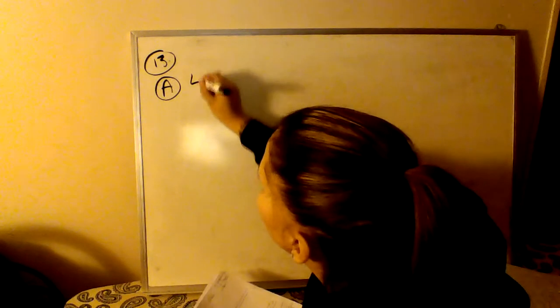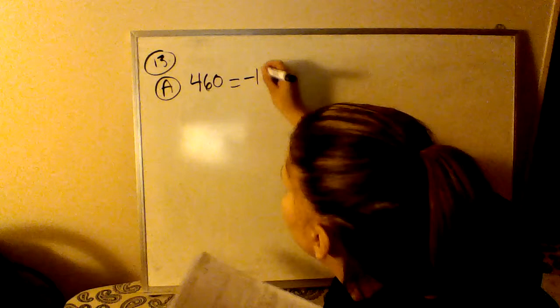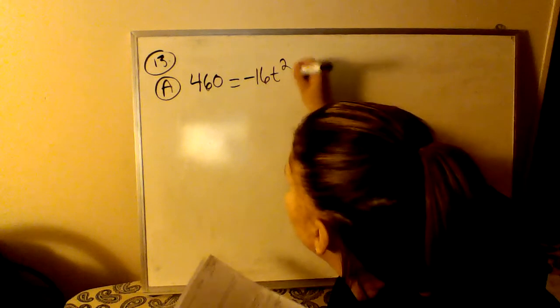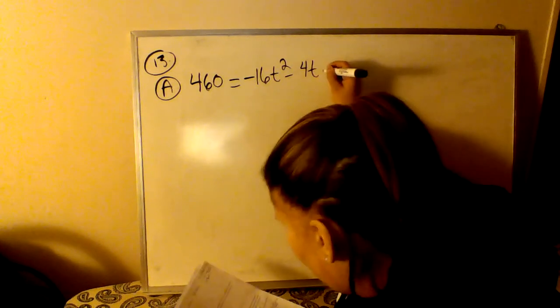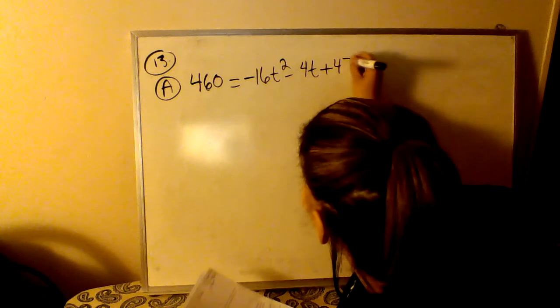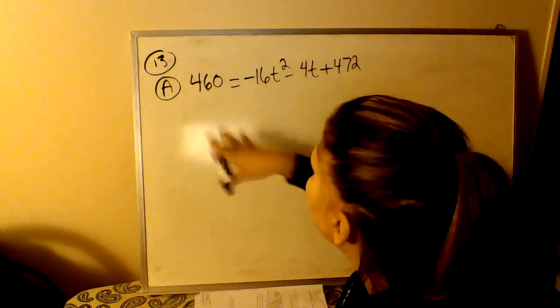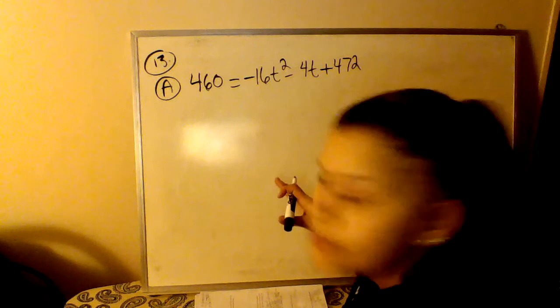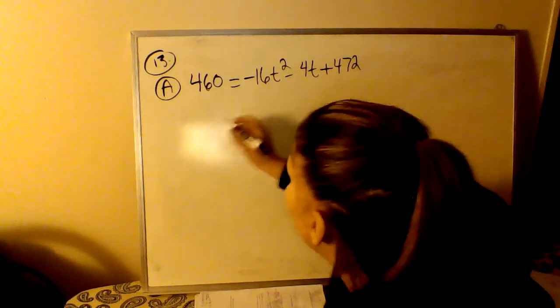So this is number 13, part A. So 460 equals negative 16t squared minus 4t plus 472. What we're going to do is move things all to the left to make it all positive. Which means we're going to have to combine these as well.